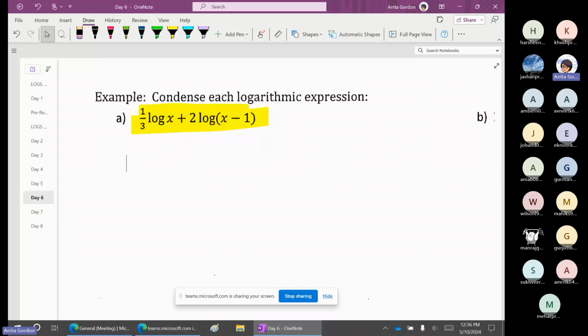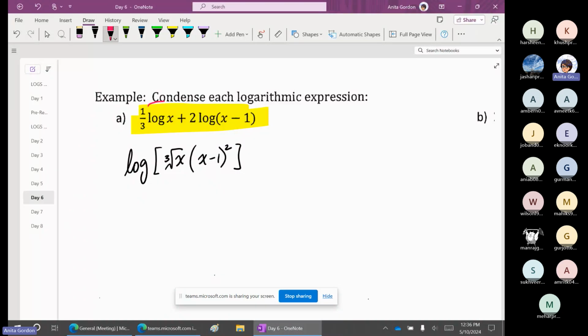Almost a square root. Cube root, yeah. So this is log of cube root x times x minus 1 squared.